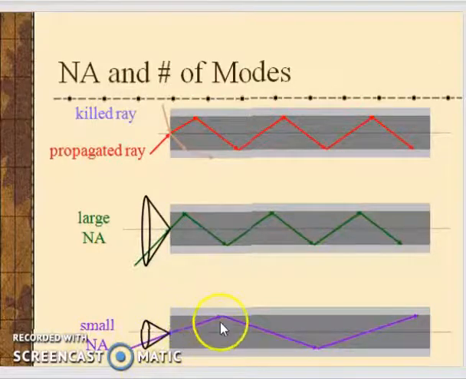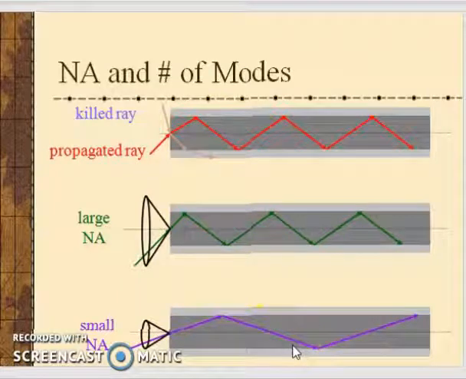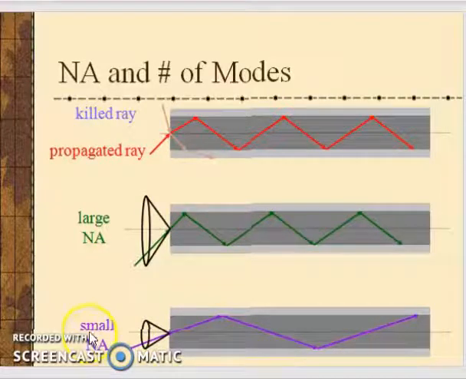The numerical aperture is a function of the refractive indices of core and the clad. Consider this figure. This is the angle phi of incidence at the core clad interface for a ray entering the core, making an angle I with the fiber axis.